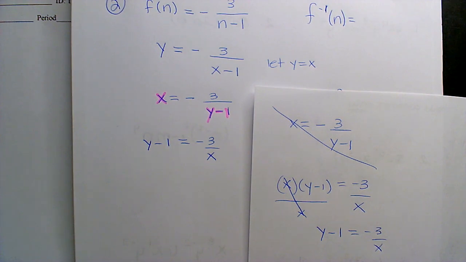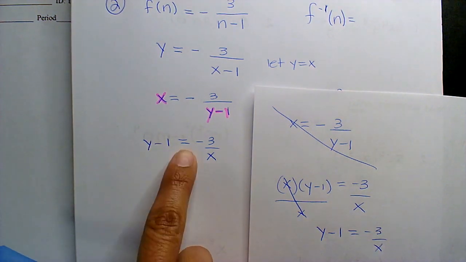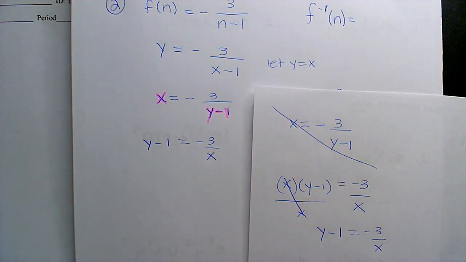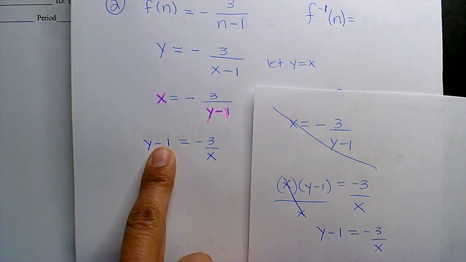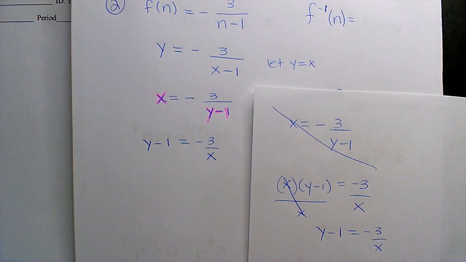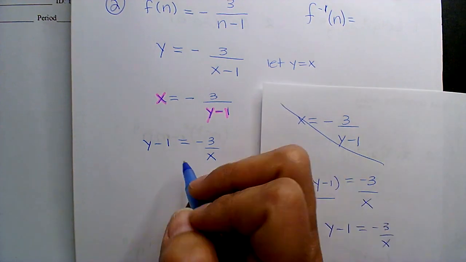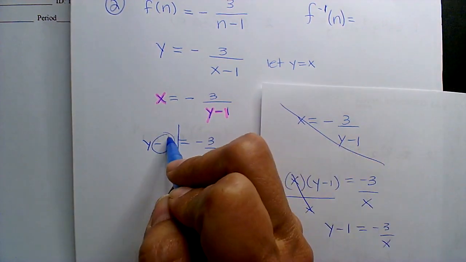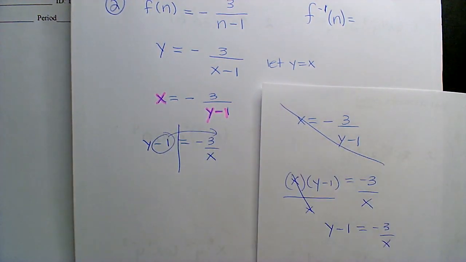Okay, so now here we go. y minus 1 is equal to negative 3 over x. Obviously, that negative 1 is now my problem, so what do I do with it? Add 1. Add 1, right? Okay, so I'm going to take this and cross that equal sign, and I'm going to add 1, correct?